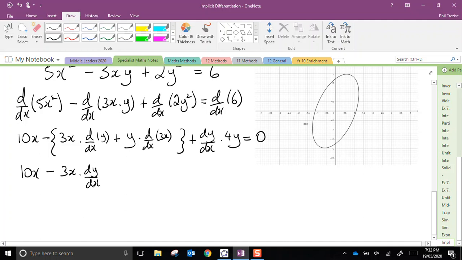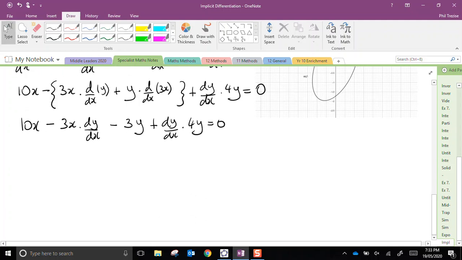Now don't forget to distribute that negative sign across, so it'll be minus. Now derivative of 3x is 3, and we still have the factor of y, plus dy dx multiplied by 4y equals 0.